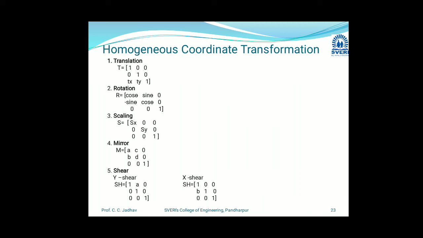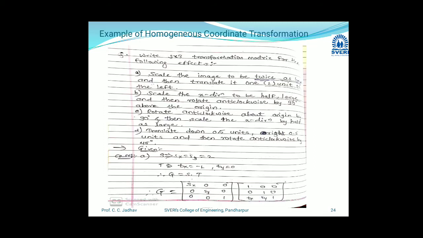So this is the homogeneous coordinate transformation in these 5 types, that is translation, rotation, scaling, mirror and shear. Okay, so we will see an example of this homogeneous coordinate transformation. Write the 3 by 3 transformation matrix for the following effects.